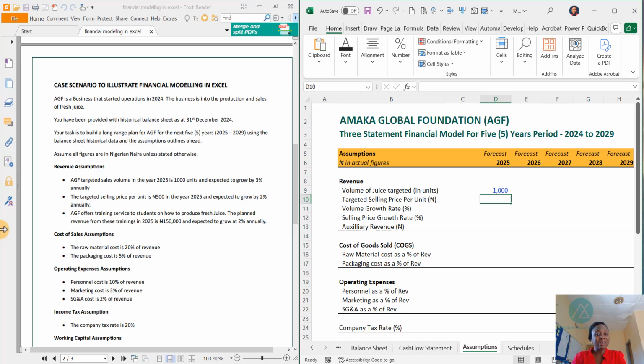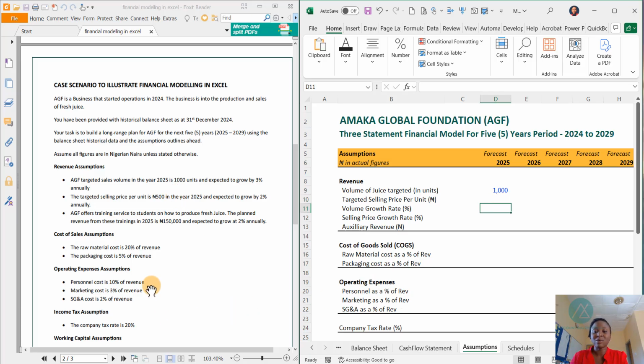I've already formatted this, putting the necessary format that is required. As I told you, this is hard coded because these are assumptions. There's no formula in it, right? It says that it is expected to grow by 3%. So if the sales volume in 2025 is 1,000 units and is expected to grow by 3%, what is the volume growth rate?